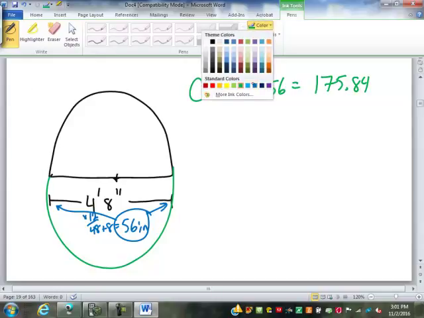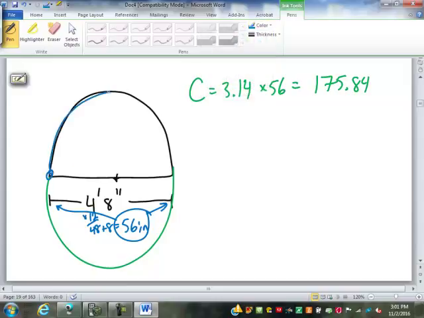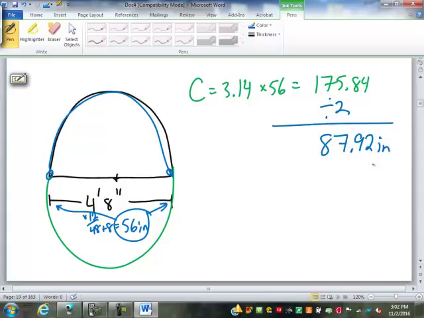We only want to go from here around to here. So divide that by 2. So 87.92 inches is that portion. Are we done? No, we still have to add in this across here, which is the 56 inches.